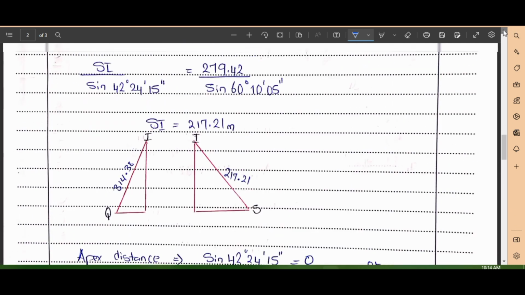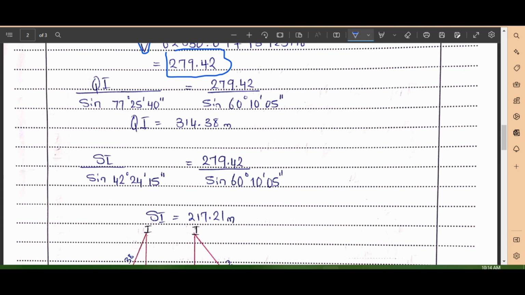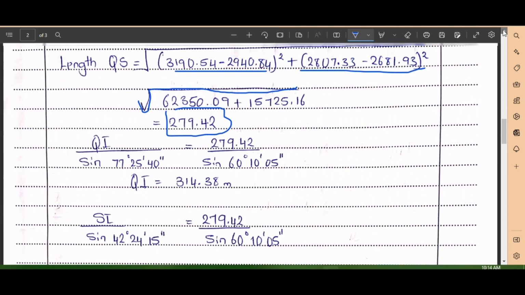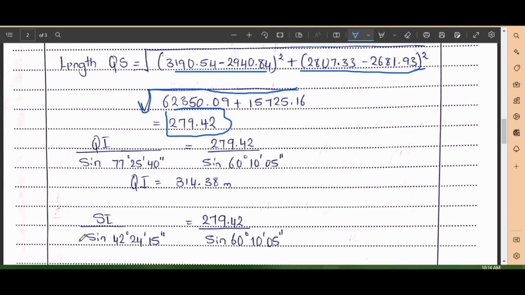So this is the formula for the sine rule, so you can go ahead in math and look at that. So this is the formula that we have gotten from the sine rule, the mathematical concept of the triangle, the concept of finding the angles and the distances.